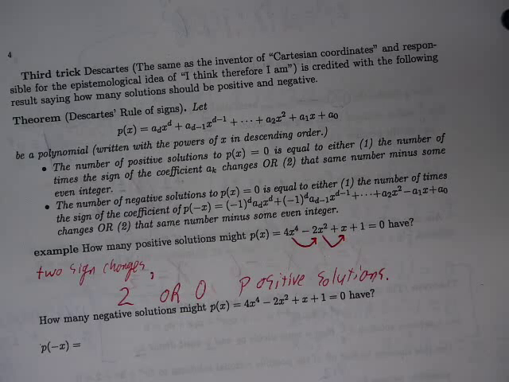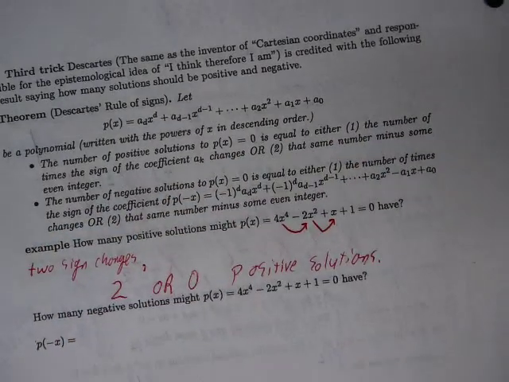But you can be clever with Descartes' law of signs and get it to tell you something about how many negative solutions there are. Because what can you do? The number of negative solutions should be the same as the number of positive solutions to P of negative x equals 0. If something is a positive solution to P of negative x equals 0, then its negative is a negative solution to P of x equals 0. So let's compute P of negative x.